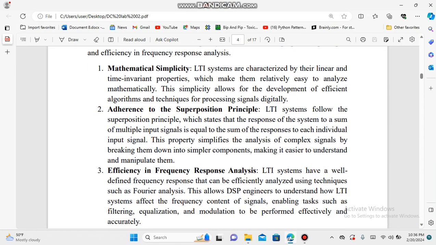Adherence to the superposition principle: LTI systems follow the superposition principle, which states that the response of the system to the sum of multiple input signals is equal to the sum of the responses to each individual input signal. This property simplifies the analysis of complex signals by breaking them down into simpler components, making it easier to understand and manipulate them.